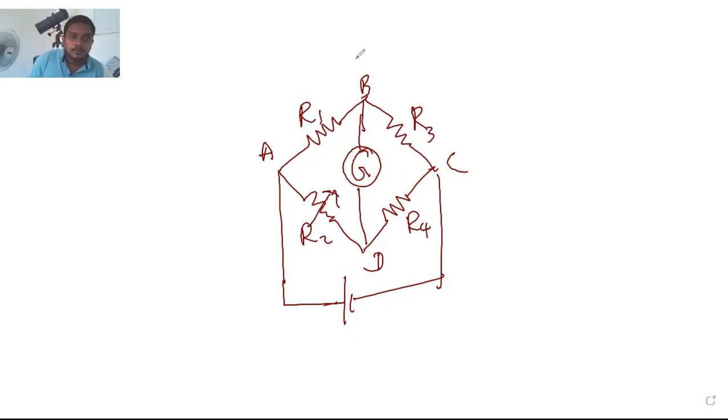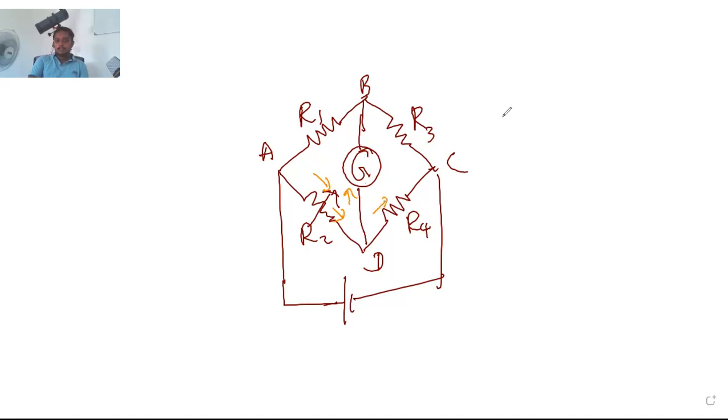Okay. When the resistor is 0, what's happening? The current is moving from here, going in the minimum resistance side. So part of the current is moving here and part of the current is moving here as well.